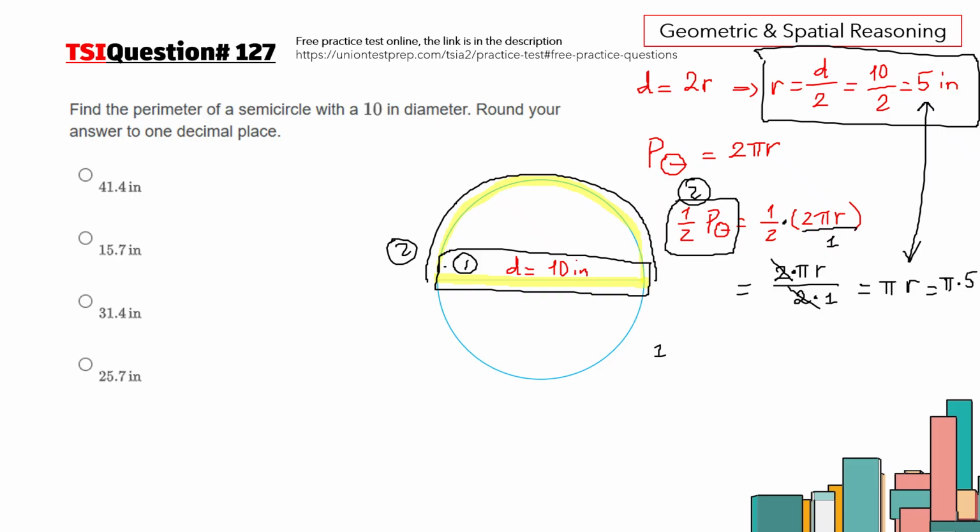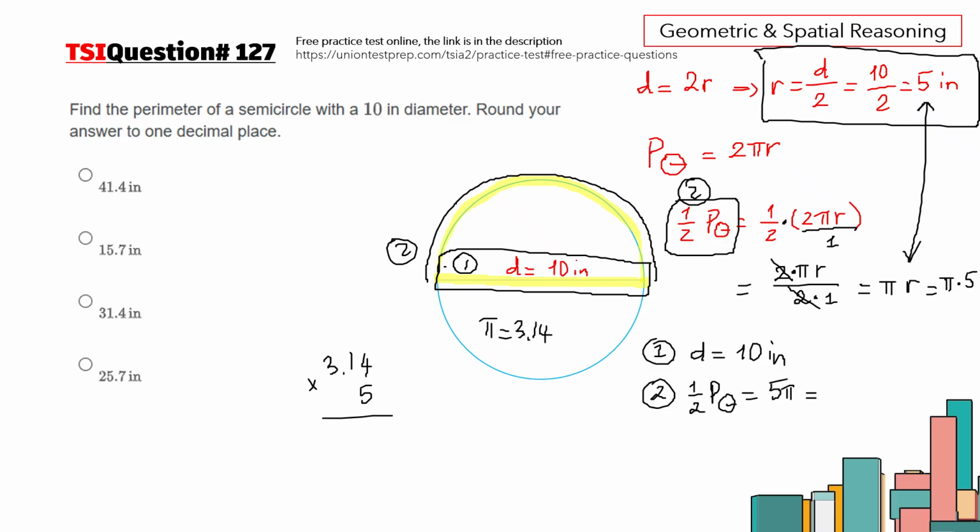So the first part, the diameter, is equal to 10 inches. The second part is 1/2 the perimeter of the circle, that is 5 pi. And 5 pi is 5 times 3.14, because pi is about 3.14.